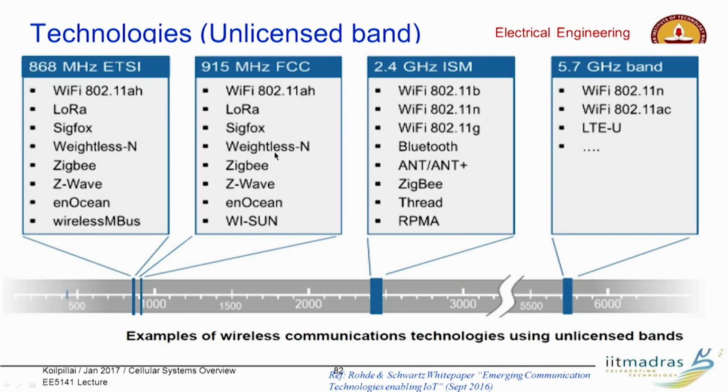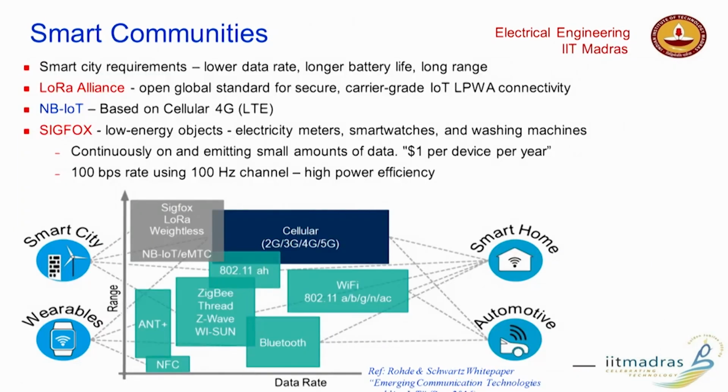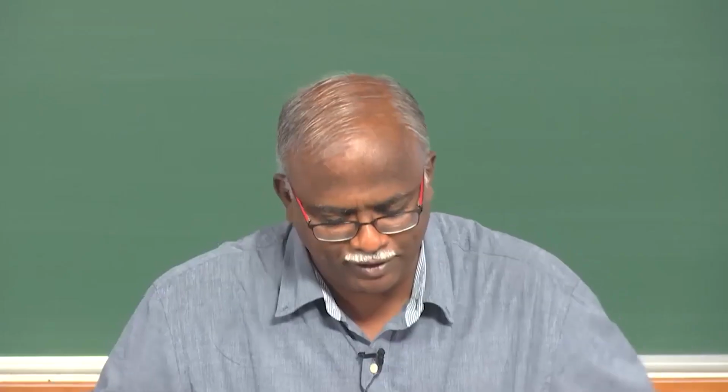Again, there is a lot of them, and you ask the question, what are they doing? Why did people develop these technologies, and what are they used for? Very interesting to see. This is what these technologies have been developed for. If you talk about smart city requirements, you want to control, let us say, all the traffic lights.